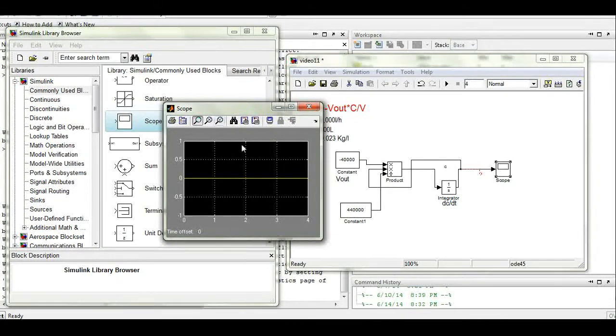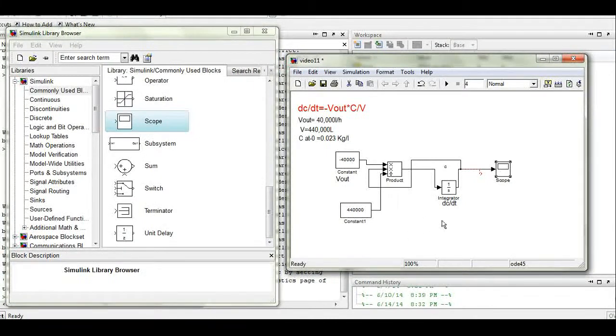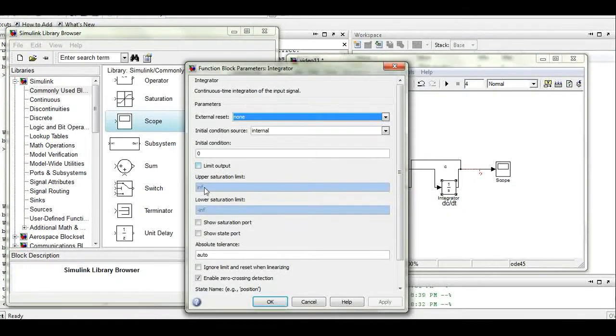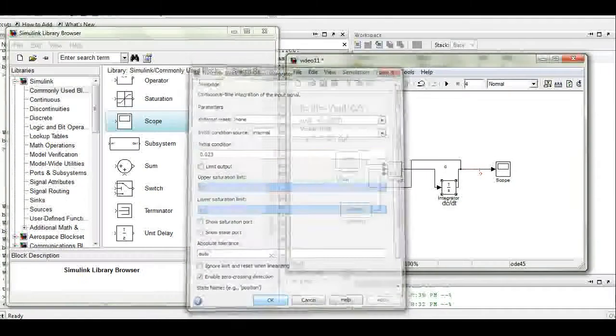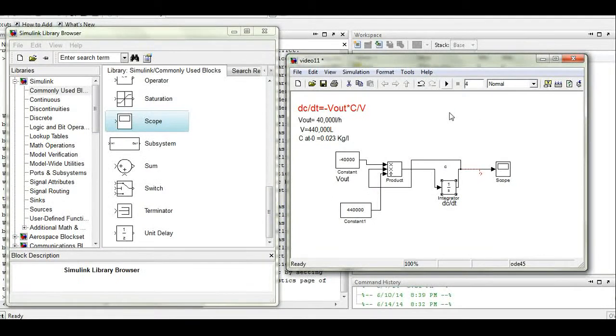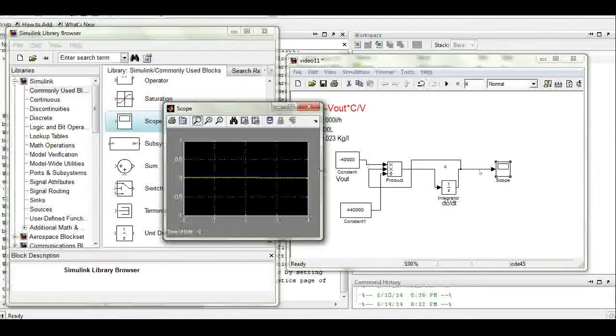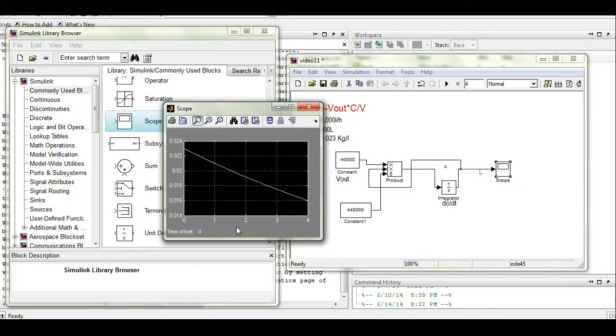You will notice that it is a wrong graph because we forgot an important thing: we did not put the integrator's initial condition, which I said is 0.023, the initial concentration. Then again, after 4 hours, it is a decay. We will get 0.016 kilogram per liter of our product.